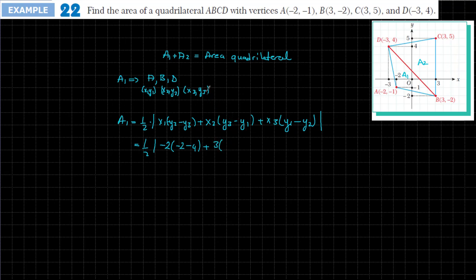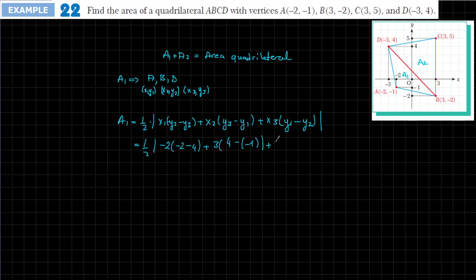Then y3, the coordinate of D, which is equal to 4 again, minus y1, and y1 is equal to minus 1, so minus minus 1. Let me rewrite again in parentheses: minus 1.